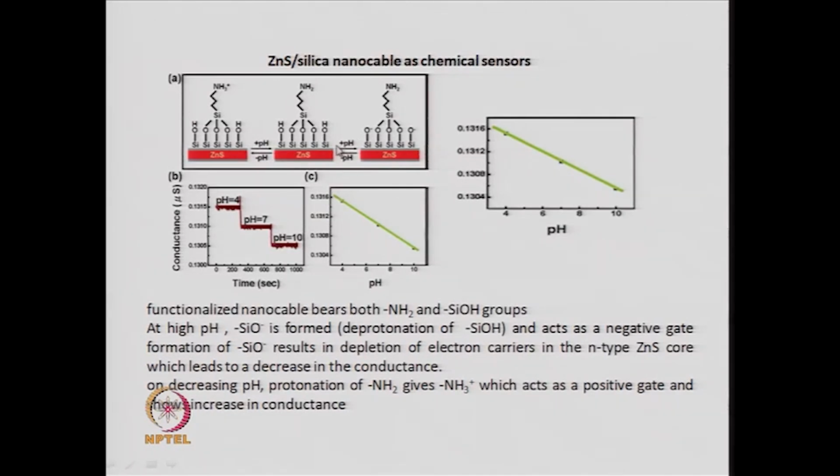Now, if you increase the pH further, you have this amine group instead of the protonated group. At further high pH, even the protons from the OH groups will be lost. So, in the first step these protons will be lost, in the second step at higher pH the OH protons will be lost, and that you can see in the conductance.